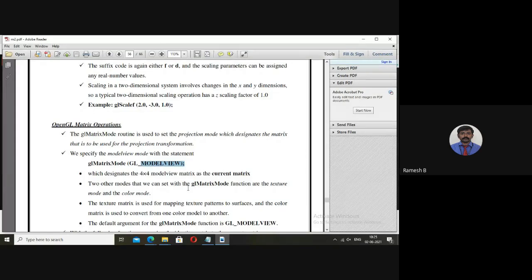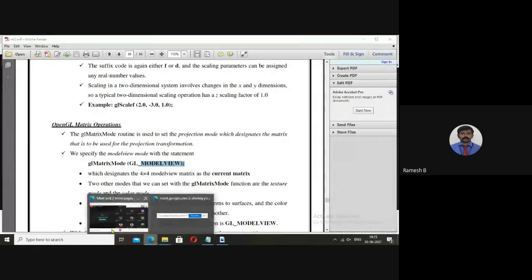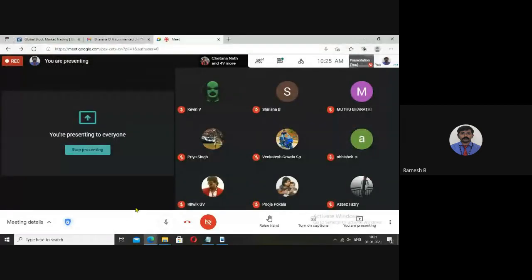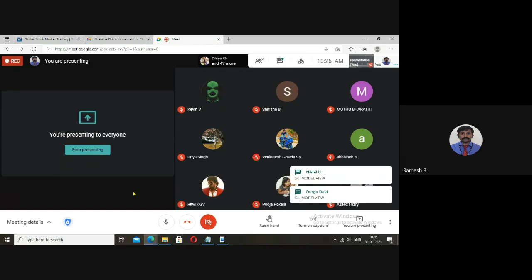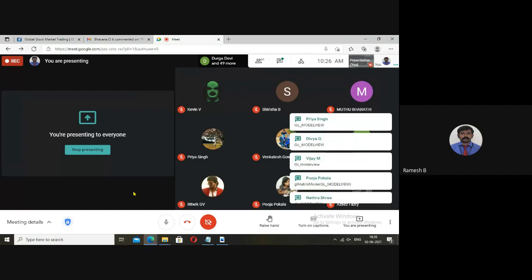Please type me gl underscore model view, every one of you. Okay, good. There is no space, Nikhil, in between model and view. It is continuous.